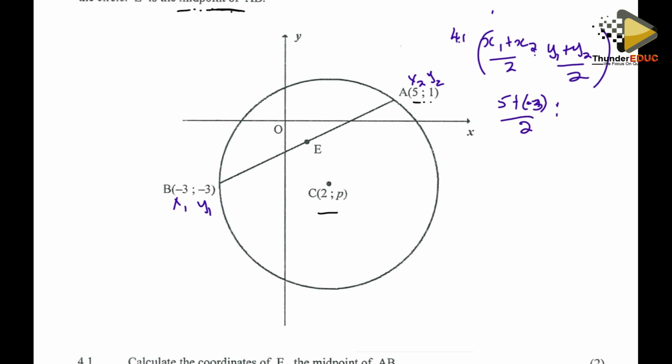It will only play a big role maybe when we are getting the gradient, but for the midpoint it's just addition. And then the y values: -3 plus 1 over 2. This gives us 2 over 2, which gives me a 1, and then -3 plus 1 is -2 over 2, which gives me a -1. So this point here is (1, -1). All right, so those are our coordinates.